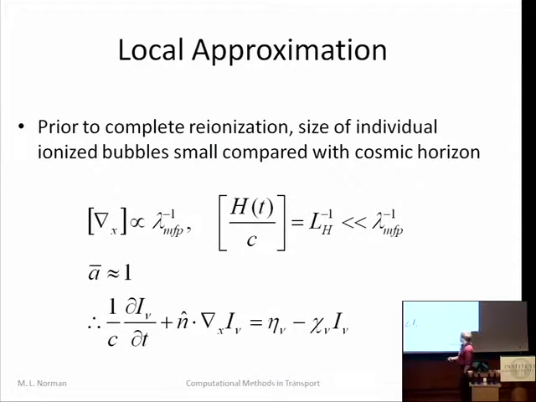And then this a-bar, which is the ratio of the redshift when the photon was emitted to when the photon was absorbed, that ratio is essentially 1 because the photon doesn't get very far. The universe doesn't expand very much between emission and absorption. And when you take these into account, you throw away the cosmological term and you get back to the ordinary transport equation, which is what virtually everybody solves.